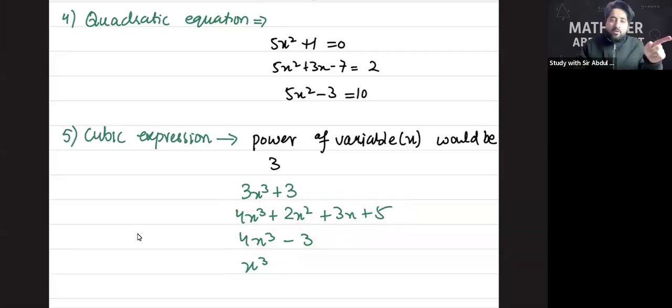Now, if you understand the concept of a cubic expression, let me write the format for you. The cubic expression format in math is ax cubed plus bx squared plus cx plus d. This is not important.